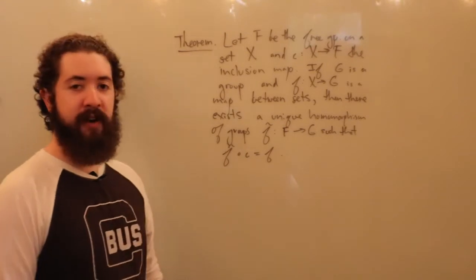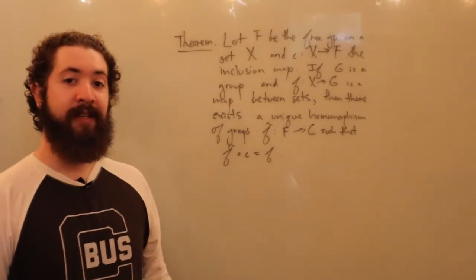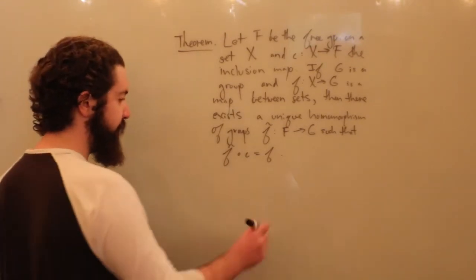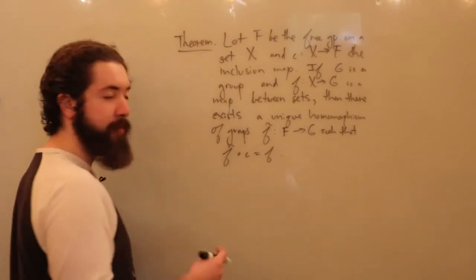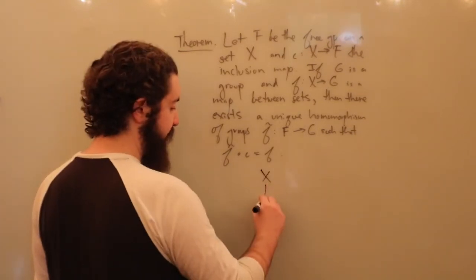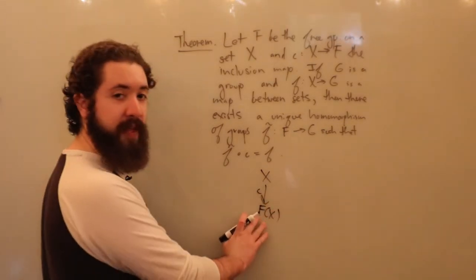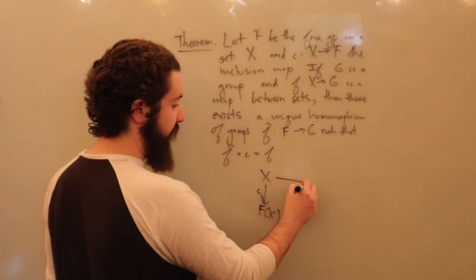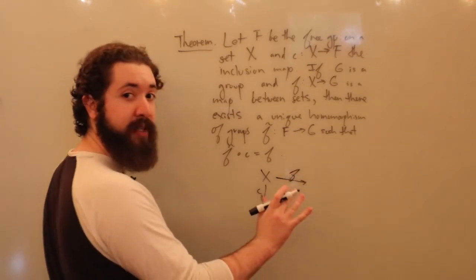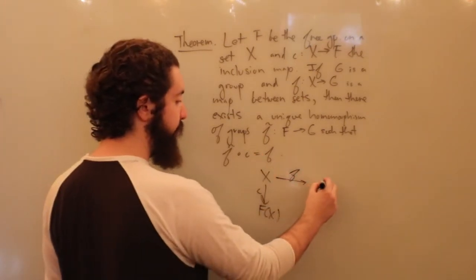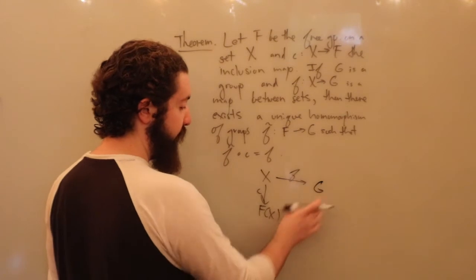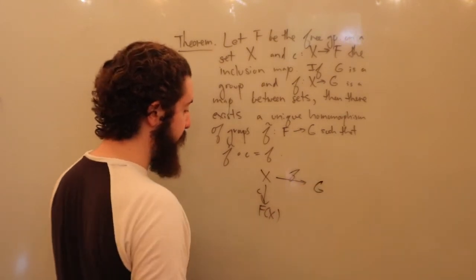Now this is very similar to something we keep seeing time and time again, this universal mapping property idea. So we have a set mapping under the inclusion map to the group, the free group on that set. Then we have another map, again just a map between sets, not a homomorphism, into a group G. We're considering the group G just as a set here.